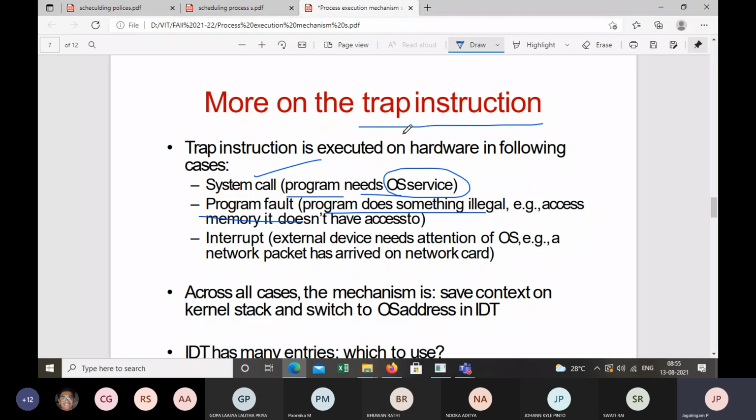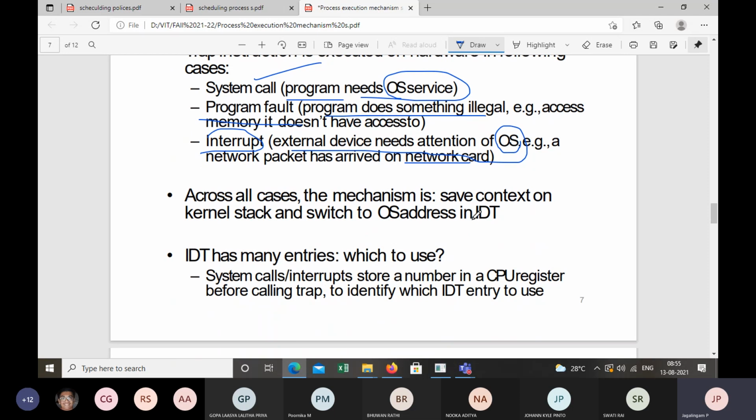That time the trap instruction occurs. And there is the interrupt. That is when external devices need the attention of the operating system. That is when we type on the keyboard or when data arrives at the network card, that time the operating system comes into the picture and executes the trap instruction, right?